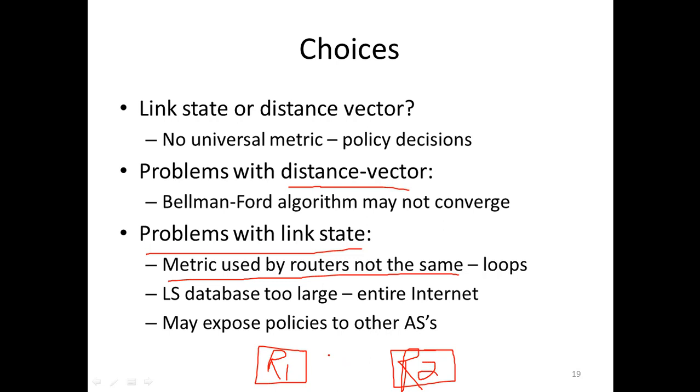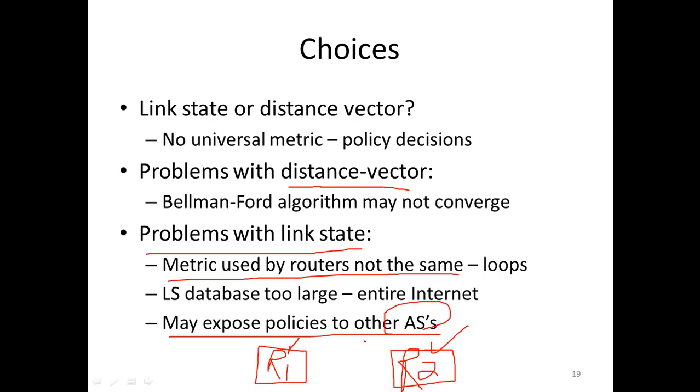If you are talking about IGRP and EIGRP, etc., that is the thing. And these policies may expose the policies to other AS. You can see that the policies over here will be displayed over here, because these are sharing the same information and they are in the same network ASs.